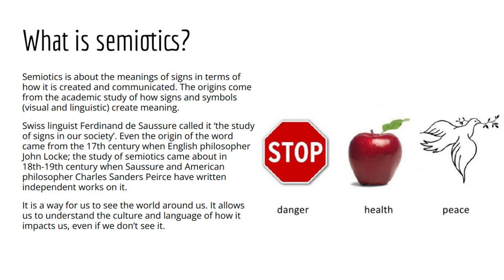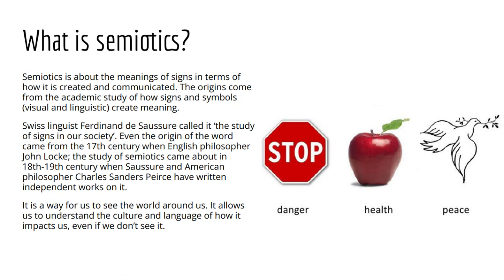The Swiss linguist Ferdinand de Saussure called it the study of signs in our society, because everywhere we have signs. Everything represents something in this world, whether it's a color, a symbol, or an icon.